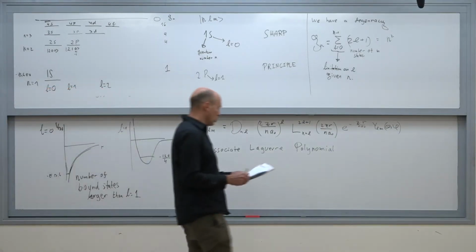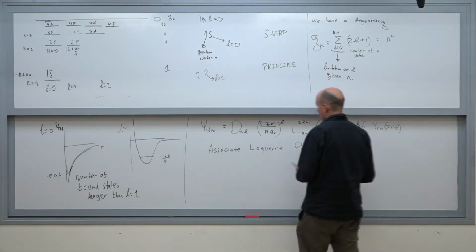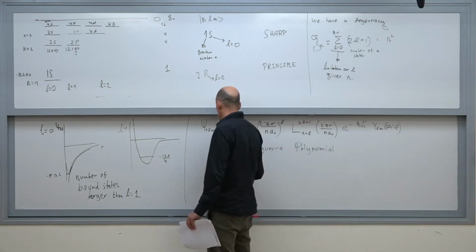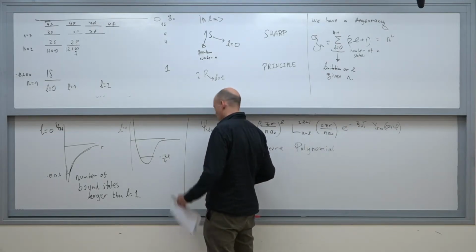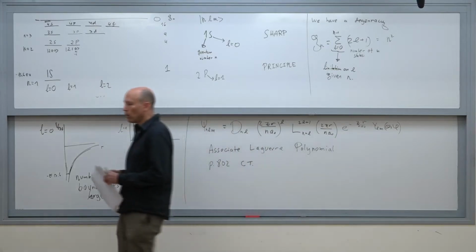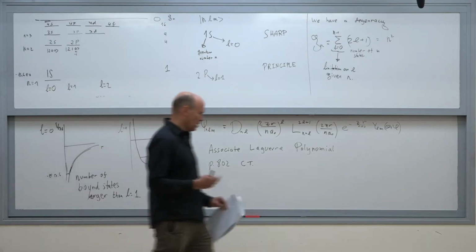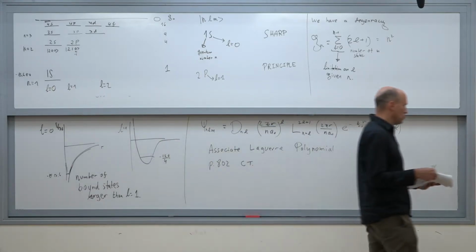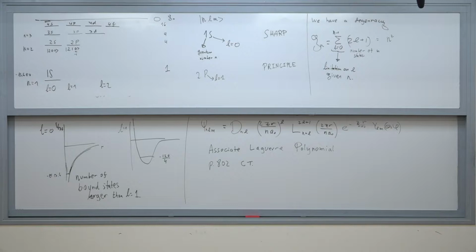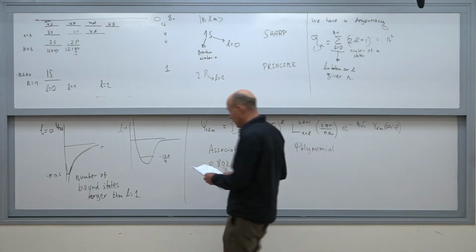This is from a book called Saxon, and you can also go to page 108, 802 in Cohen-Tannoudji, and get all the exact formulation, but it's not so important. If you really need them, let's say you are calculating something, then you can find them.